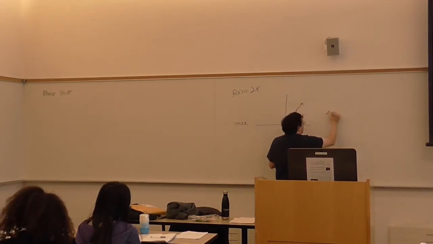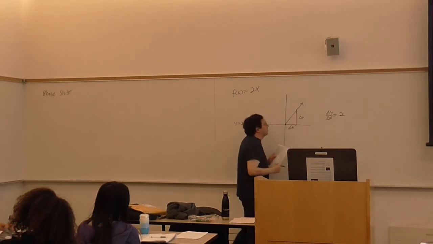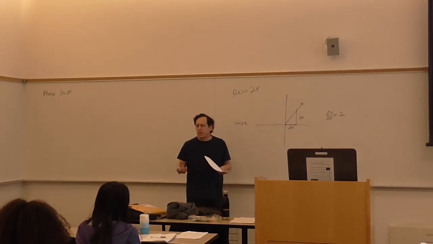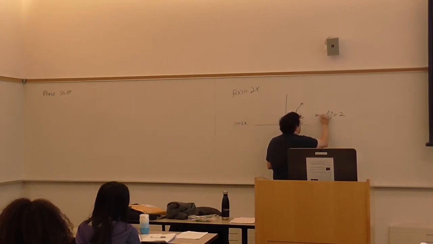So delta y over delta x is 2. Right? What do we call that? We call that the slope, right? Say m for the slope.